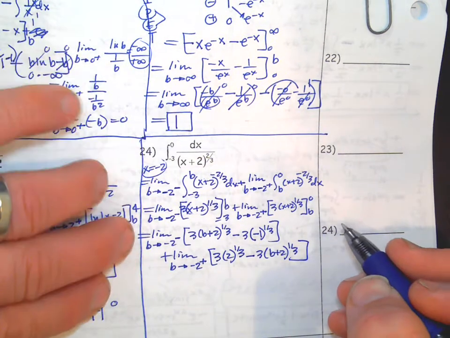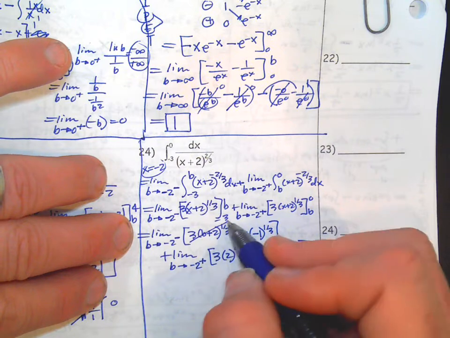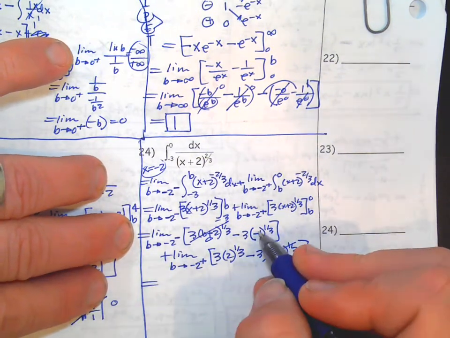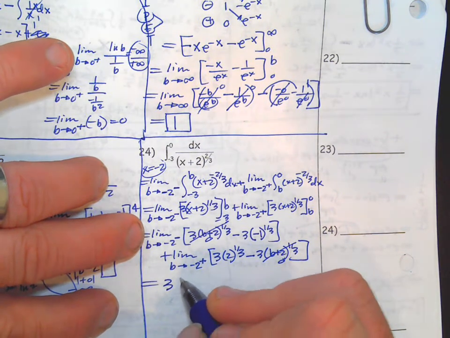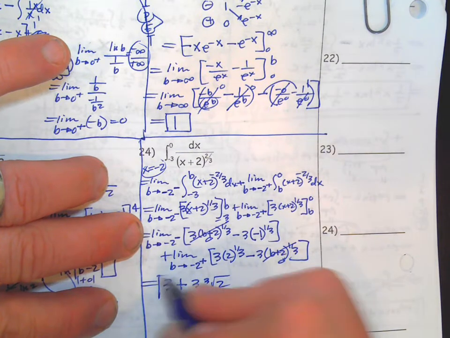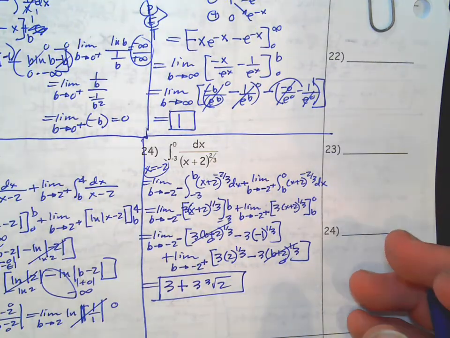As b approaches negative 2, this is going to approach 0, and this is going to approach 0. No indeterminate forms. This is going to be positive 3 plus 3 cube root of 2. That's it. It worked. Well, nice.